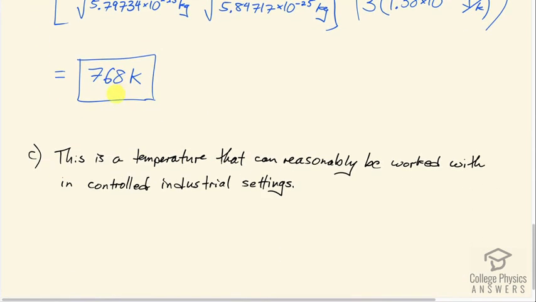And this temperature can be reasonably worked with in a controlled industrial setting, and so this could be a process that's useful for enriching uranium.